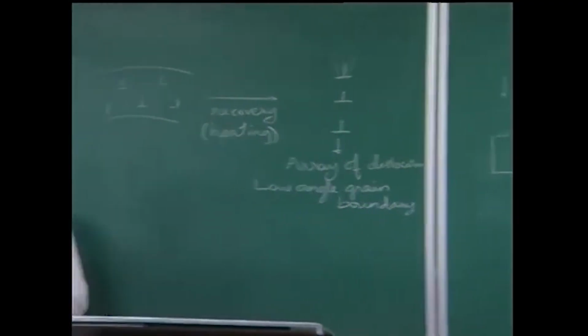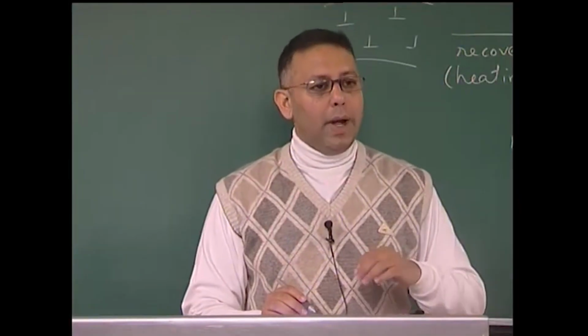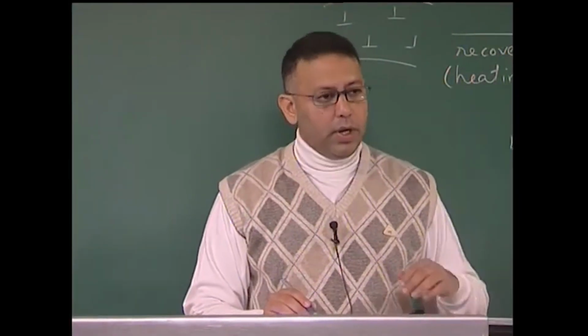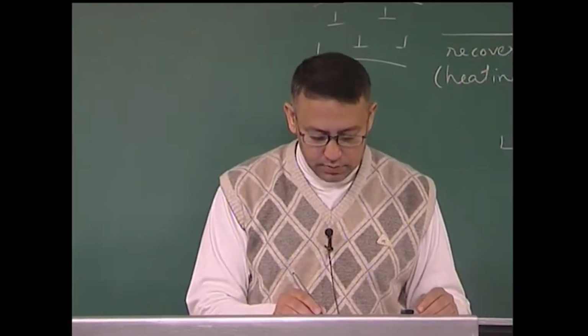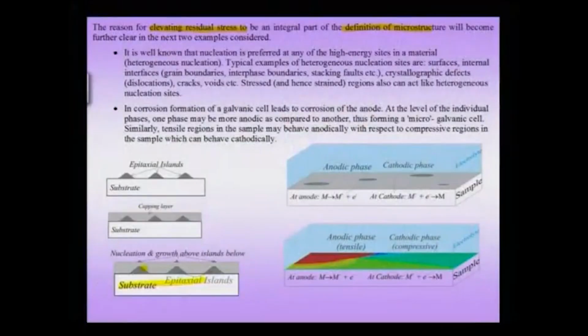In many of these processes, we do not have only one layer of islands. After growing a layer of islands as shown in the bottommost figure here, let me consider this figure 1 for instance. Here we have epitaxial islands which have been grown, and after growing these epitaxial islands, we may put what is known as a capping layer on these islands.